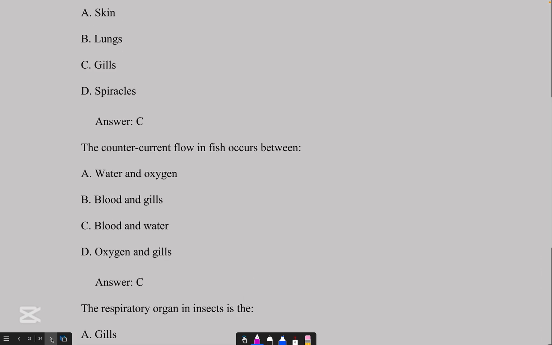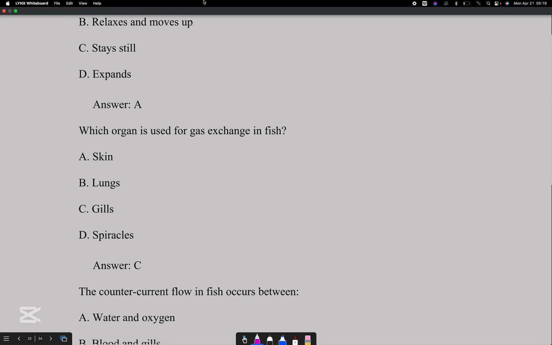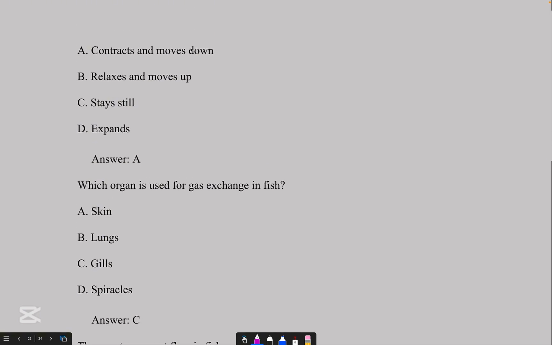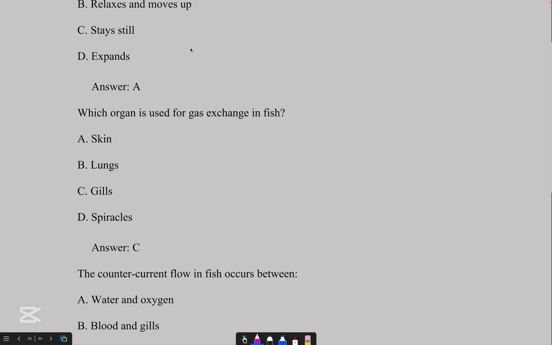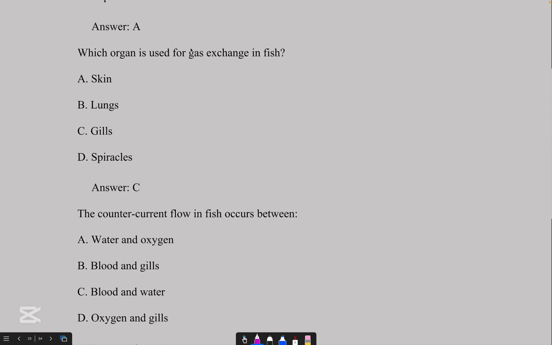Everything we've learned so far is what you actually find here. All right. Then, which organ is used for gas exchange in fish? Of course, it's gills. The countercurrent flow in fish occurs between what? Is it water and oxygen, blood and gills, blood and water? It occurs between what?